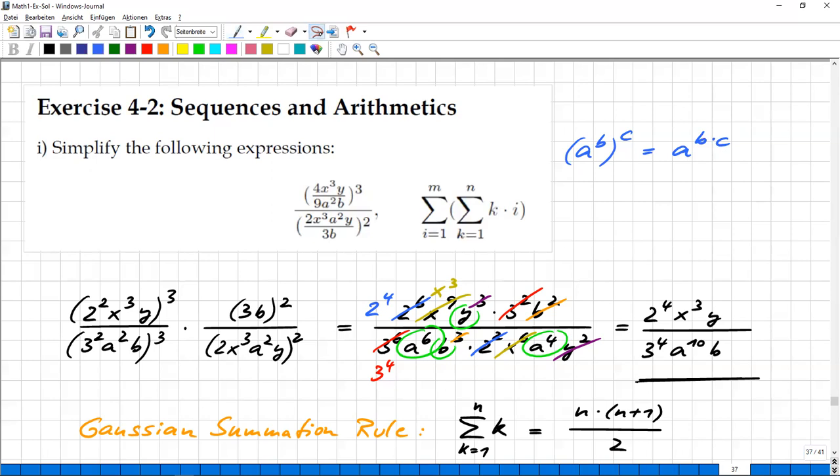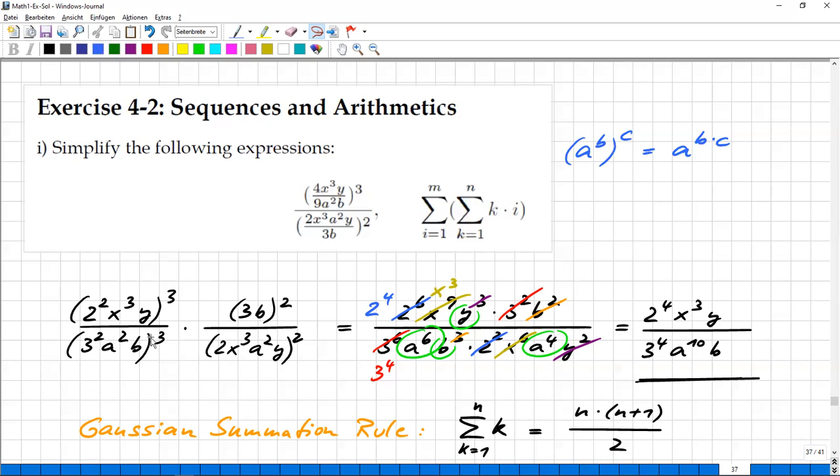Okay, so I get 2 times 3 is 6, so I have 2 to the 6. Look at this one in black. I get x here, 3 times 3 is 9, so I get x to the power of 9. And then y power 3, everything in black.